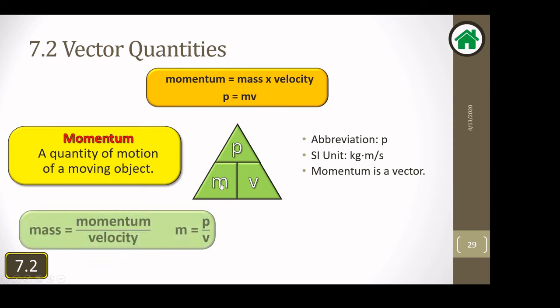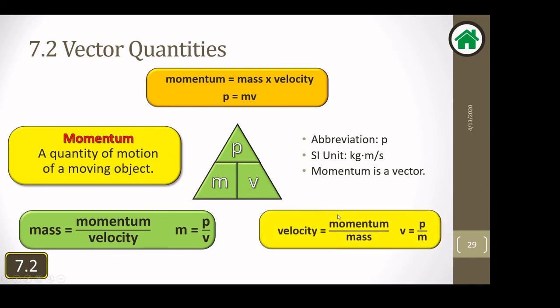If we wish to solve for mass, mass is equal to momentum divided by velocity, or P over V. And if we wish to solve for velocity, velocity is equal to momentum divided by mass, or P over M. I know it can get very confusing because we're talking about momentum and mass is M and momentum is P. But again, you just have to get used to it, and that's just how we're going to use those symbols.